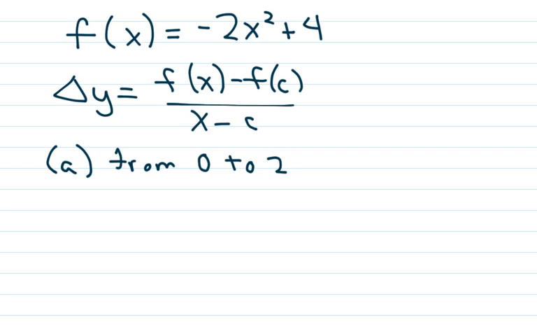So basically we're going to let the c be the 2. So this is from x to c. Now, the only problem is they didn't give you the 2 points. They gave you the x's, which are 0 and 2.